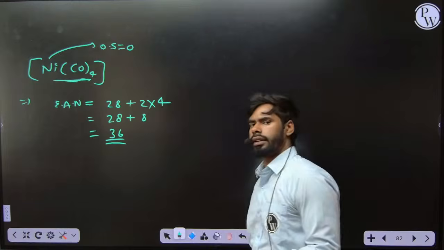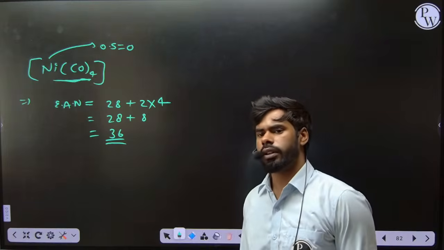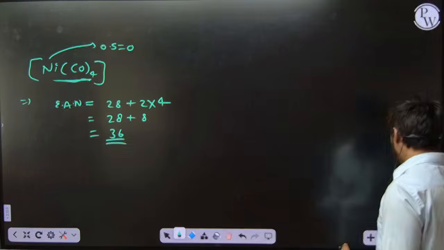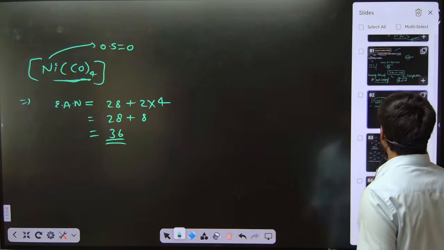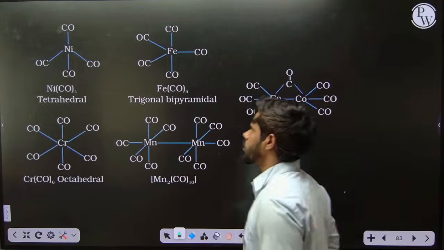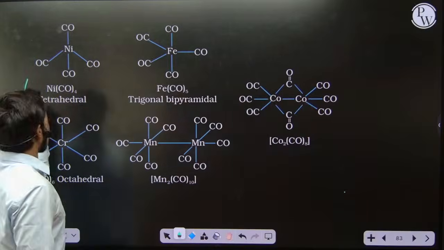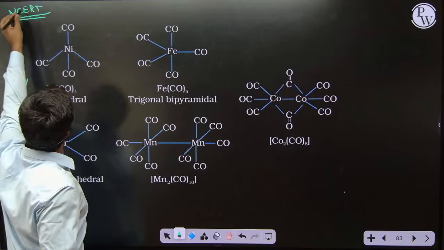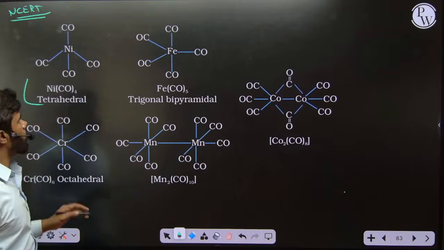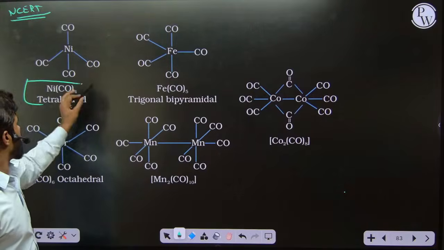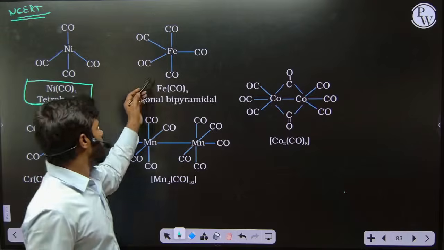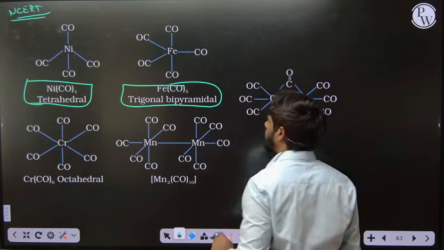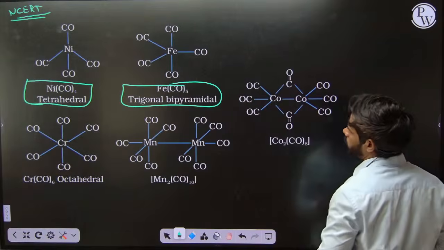So we can say this is following the Sidgwick rule, the effective atomic number rule. The metal carbonyls, I have taken from NCERT, which gives all these metal carbonyls, which are very important for exam purposes. This is a tetrahedral complex. Next is Fe(CO)5, which is trigonal bipyramidal.